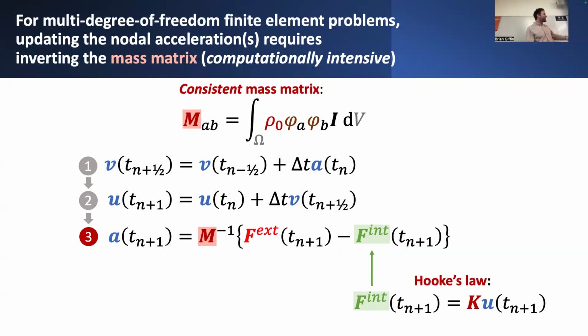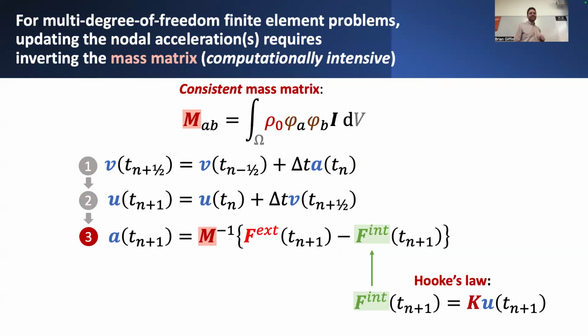We just go through this sequence of steps. The only disadvantage is we still have to invert the mass matrix. If you recall from last time, we defined the mass matrix as an integral over the whole structure of the product of the different shape functions. It looked kind of like the stiffness matrix, except the stiffness matrix integrated products of the gradients of the shape functions.